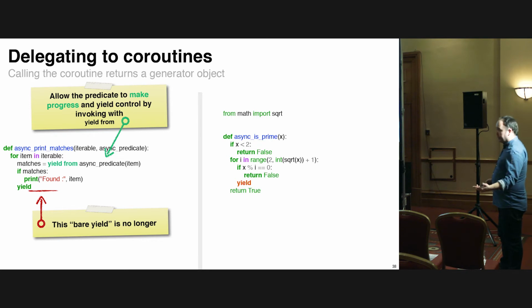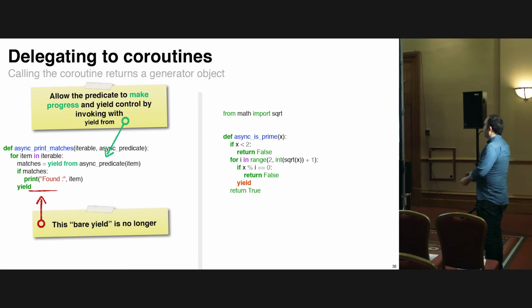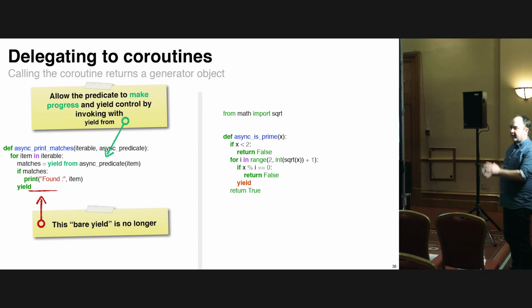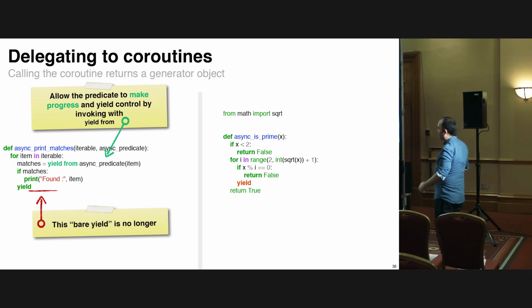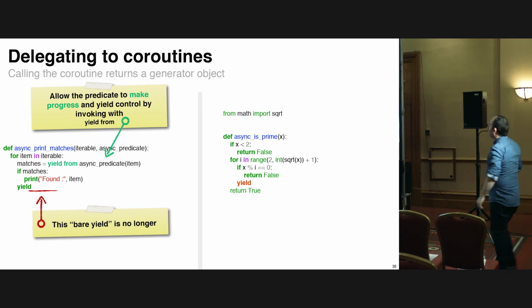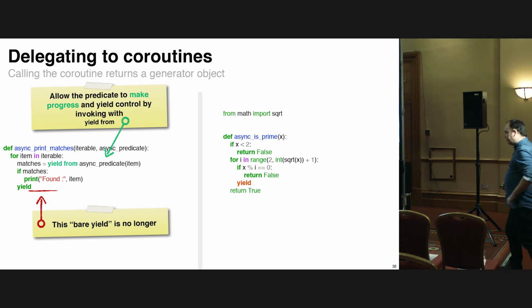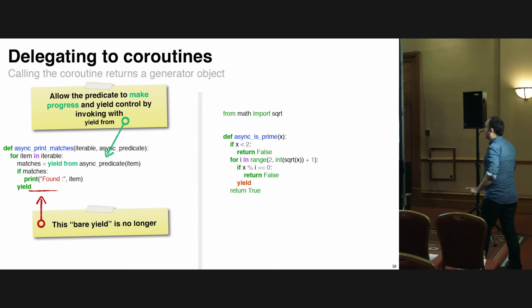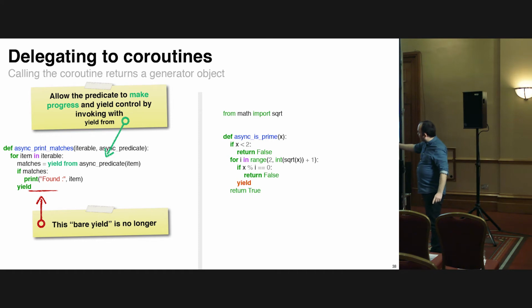So now we need to do yield from on our predicate function, which is a little bit weird. That's why we don't start with this code, right? We build up to it. Because we know that predicates return true or false, and suddenly I'm saying you have to iterate it. So now we've modified our print matches. And what's really interesting, and this is significant, is that I call this a bare yield.